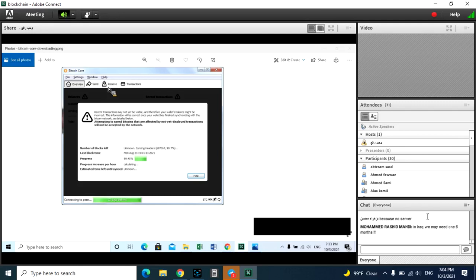And when you buy Bitcoin, you should give your address. As I said, you can create it simply in the file menu, and you should keep your password in a safe place.